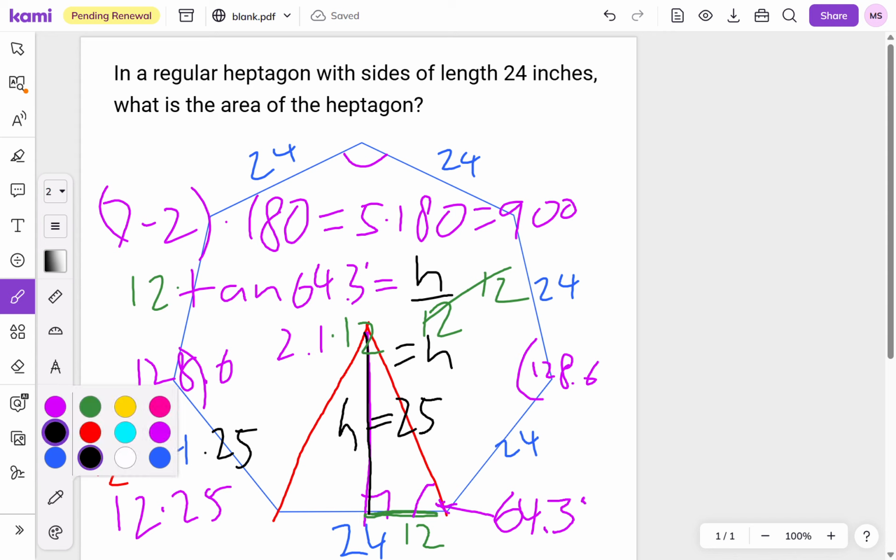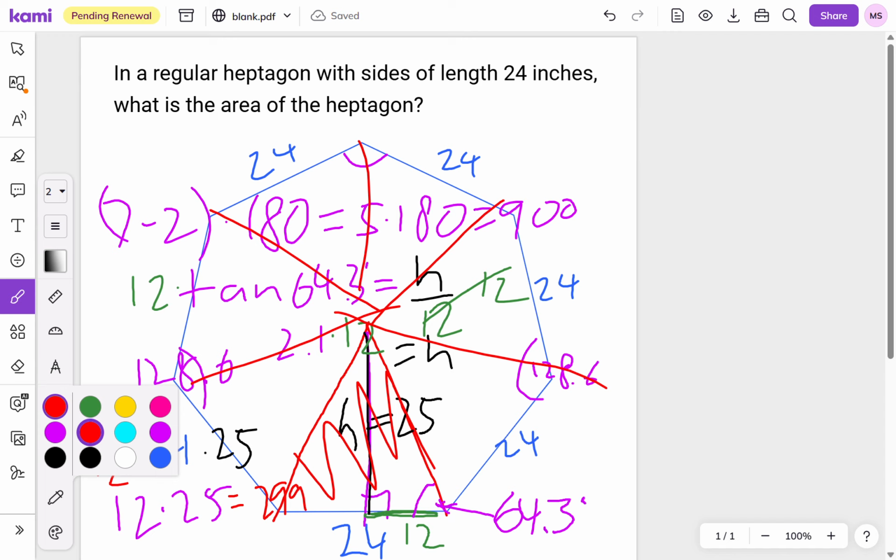So the red triangle has an area of about 299. Remember that there's 7 of these, and each one is 299.01 because they're all the same. And so we just have to multiply by 7, and that gives us the area of the whole polygon.